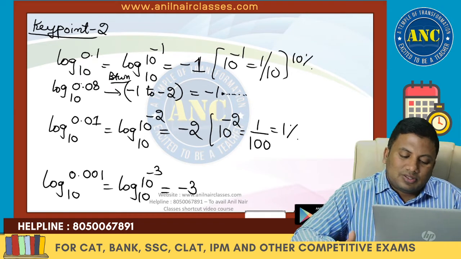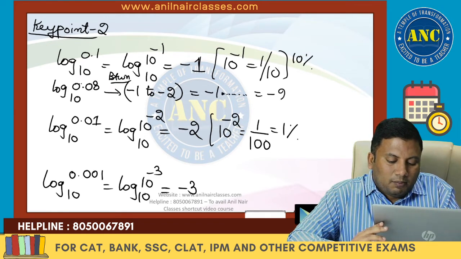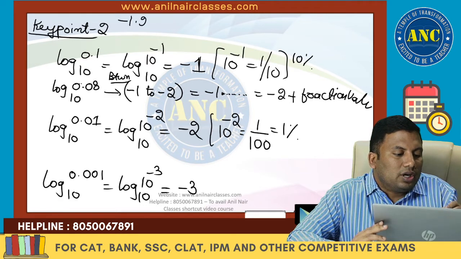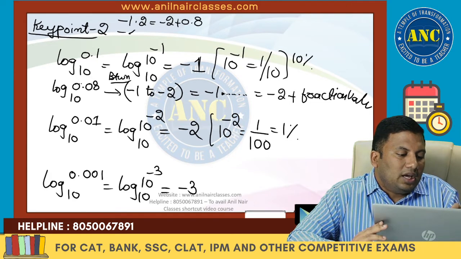So this can be written as minus 2 plus fractional value. Minus 1.2 can be written as minus 2 plus 0.8. Minus 4.7 can be written as minus 5 plus 0.3.